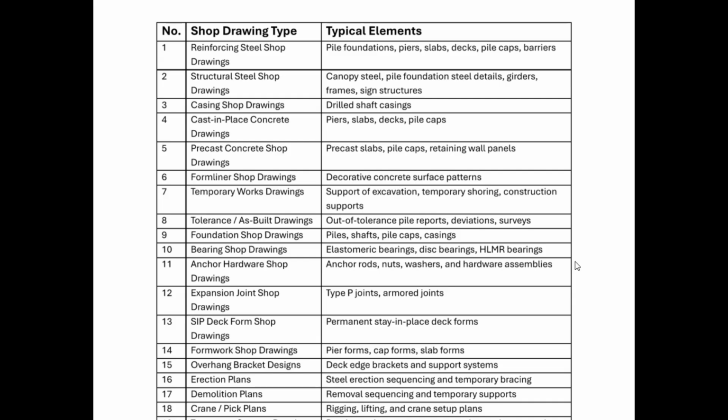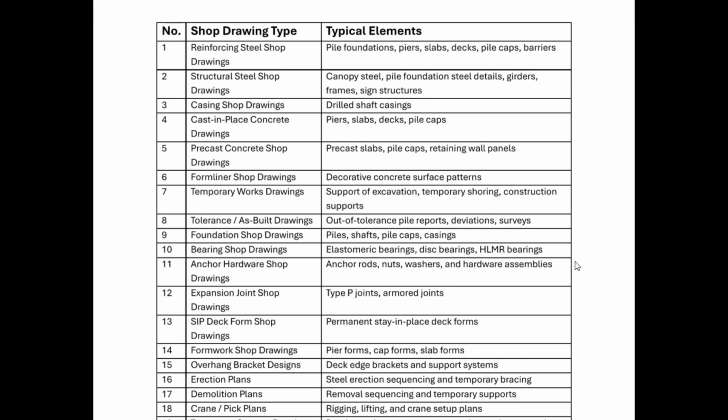Number 7, temporary work drawings: support of excavation, temporary shoring, construction supports. Tolerance or as-built drawings: you will find out of tolerance pile reports, deviations, surveys. For foundations drawing, you can expect something related to piles, shafts, pile caps, casings.